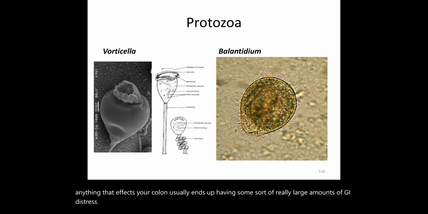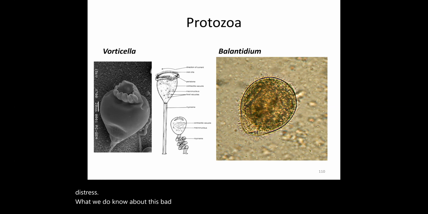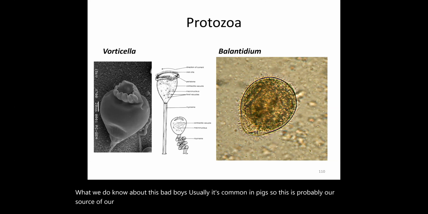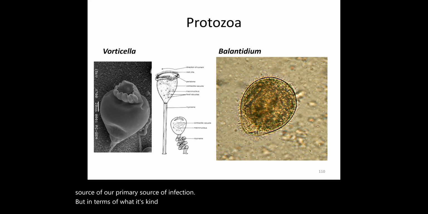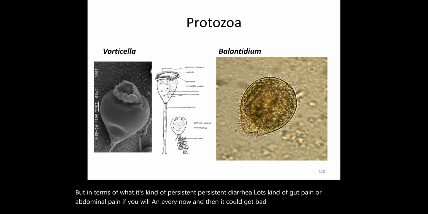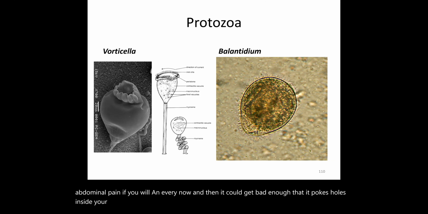What we do know about this bad boy is that it's common in pigs, so this is probably our primary source of infection. In terms of symptoms, it's persistent diarrhea and lots of gut pain, or abdominal pain, if you will. And every now and then it can get bad enough that it pokes holes inside your colon. That's really where things can get really bad.